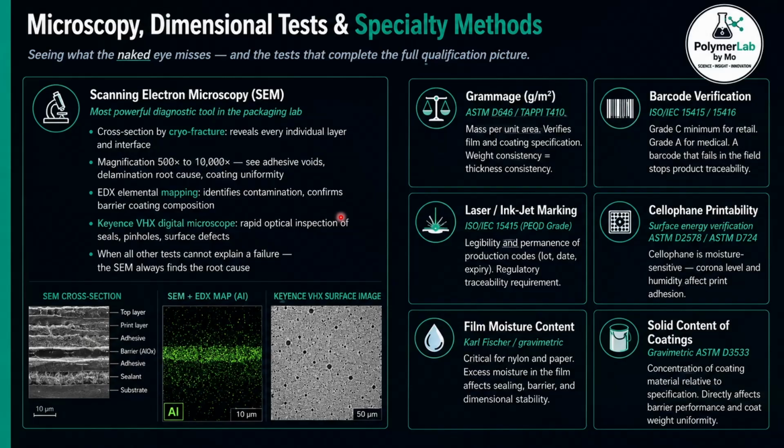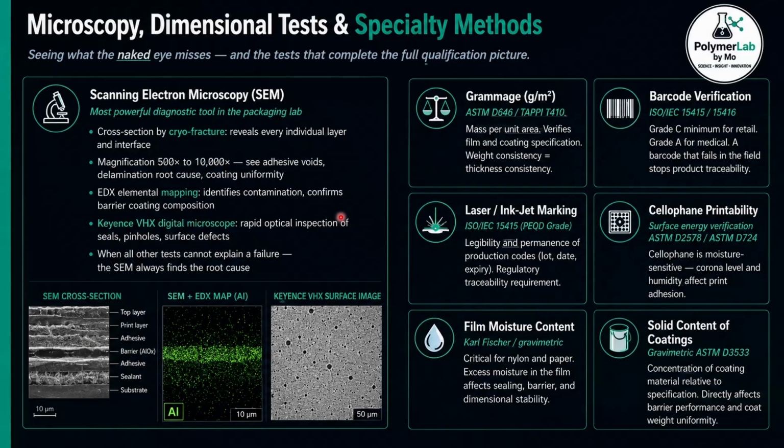A properly bonded laminate has a sharp, clean boundary between layers, and a delamination-prone structure shows microvoids, contamination particles, or a weak boundary layer that the bond never fully penetrated.